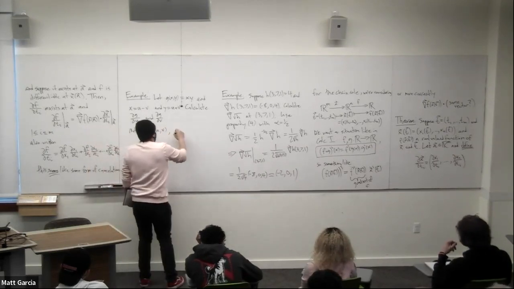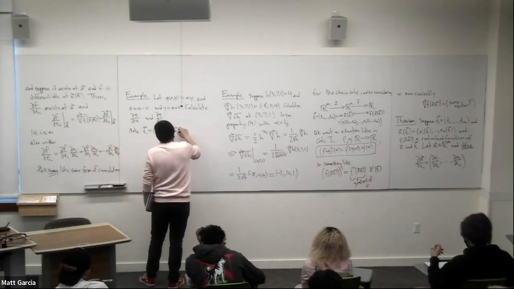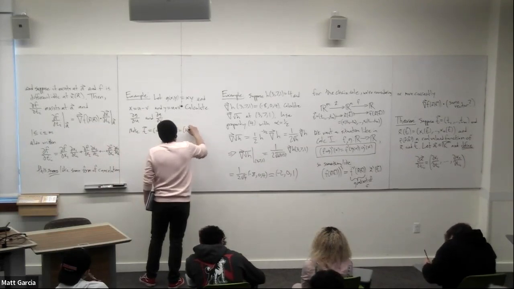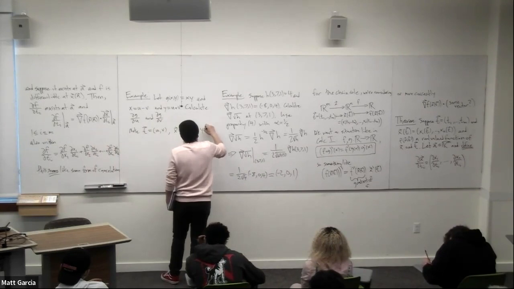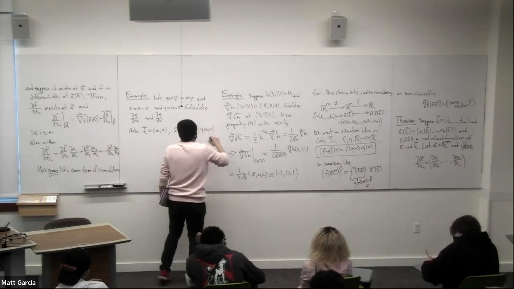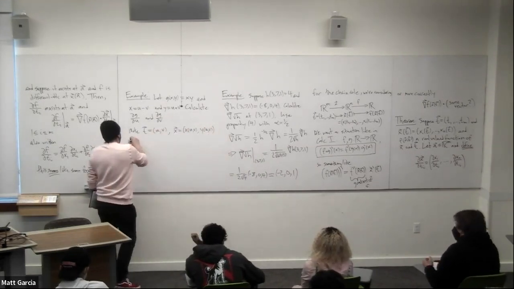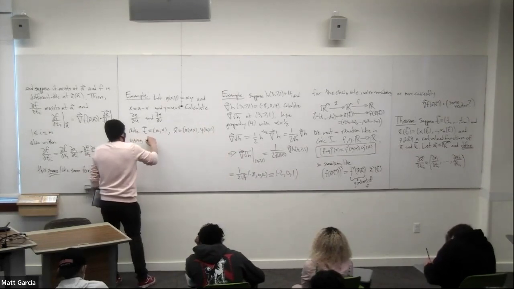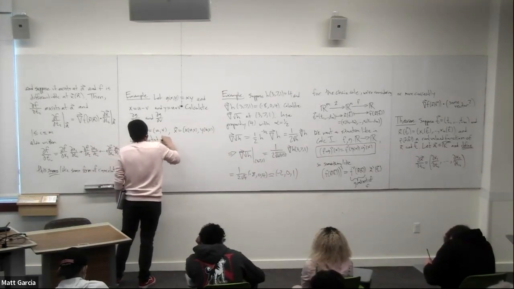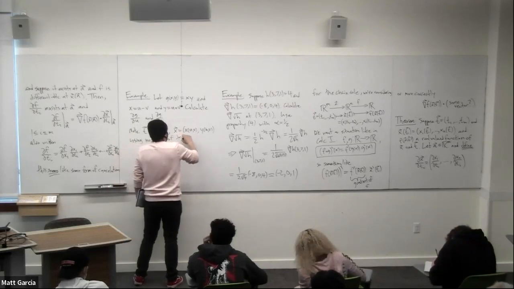And the vector x hat will be x of u comma v, comma y of u comma v, using the notation of the theorem.